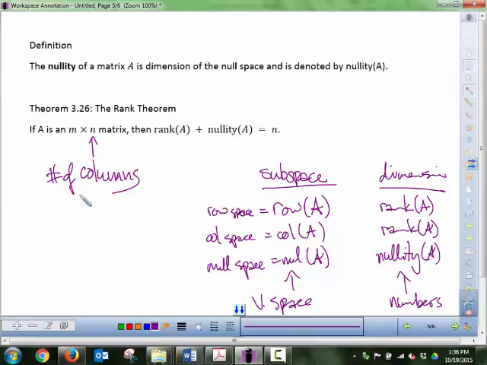In our example, when we got the bottom row of our matrix to be all zeros, we found that the rank was equal to 2, that the column space and the row space had dimension 2, and that the null space had dimension 1. Right?